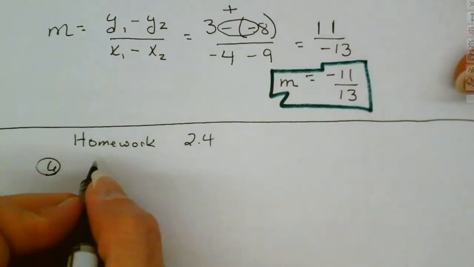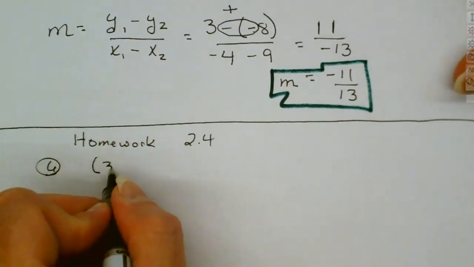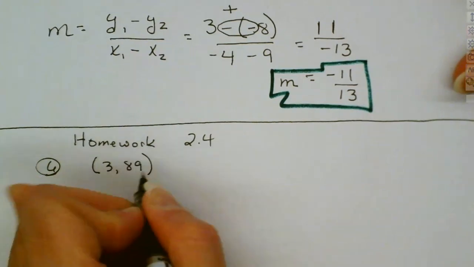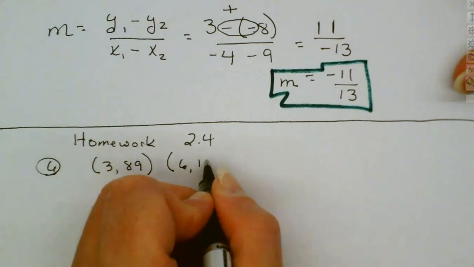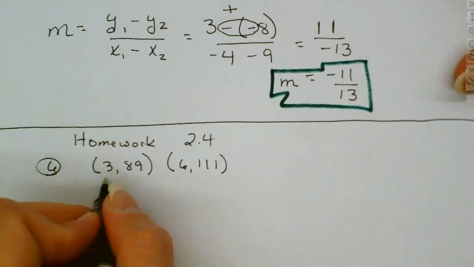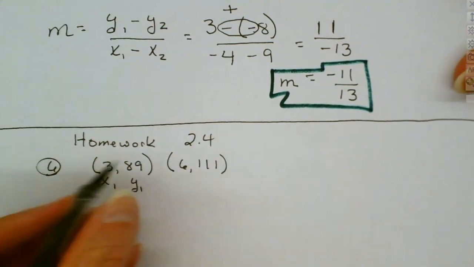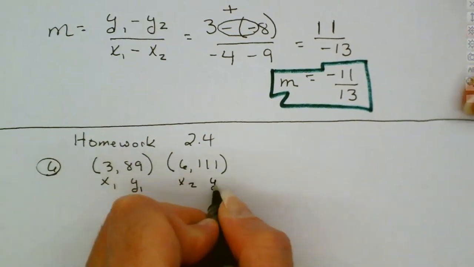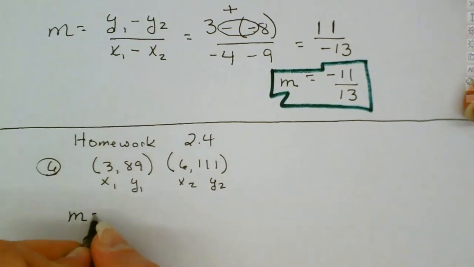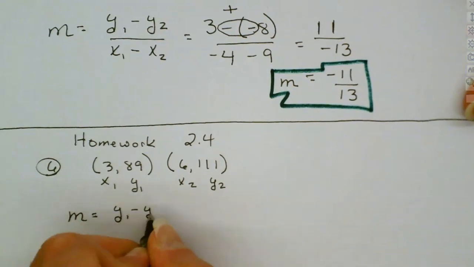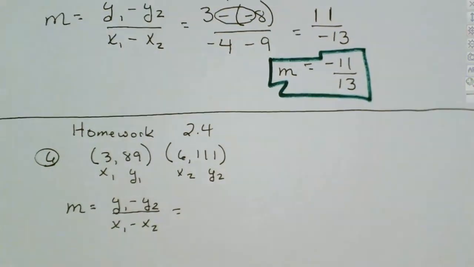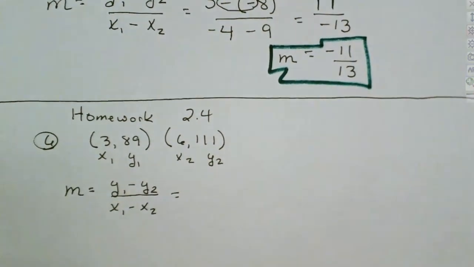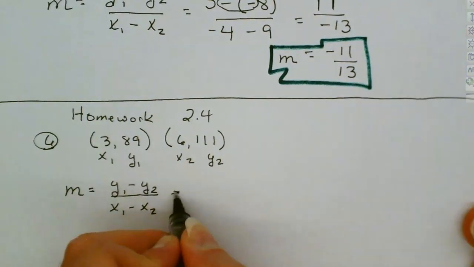We can find the slope, which is the average rate of change. There's x1 and y1, x2 and y2. This is going to give us our average rate of change for the slope.